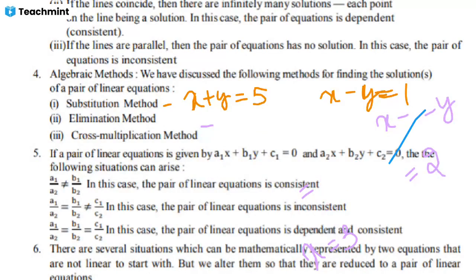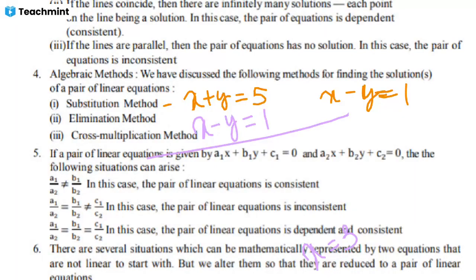To get the x and y values, we got x value as 3 and y value as 2. Now x minus y is equals to 1. I told you whenever you get variables with positive or negative signs, you should simplify with that first.